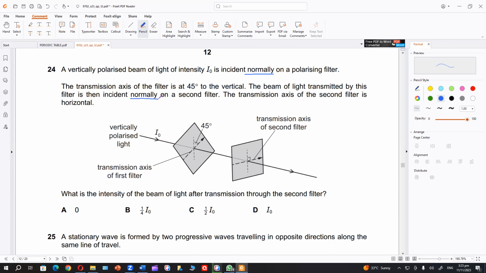The second filter is placed horizontal. The first is at 45 degrees. What is the formula then? There are two filters.